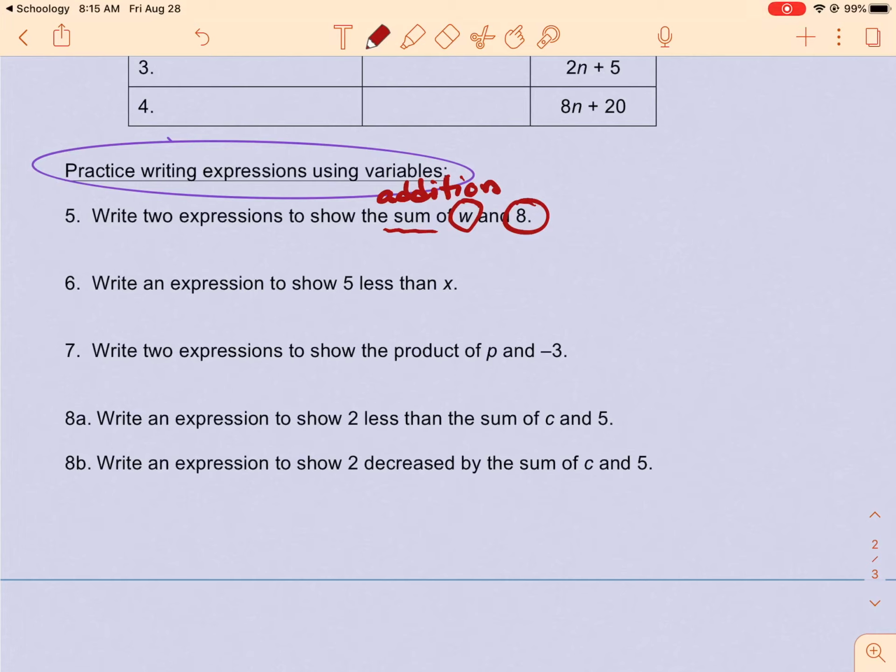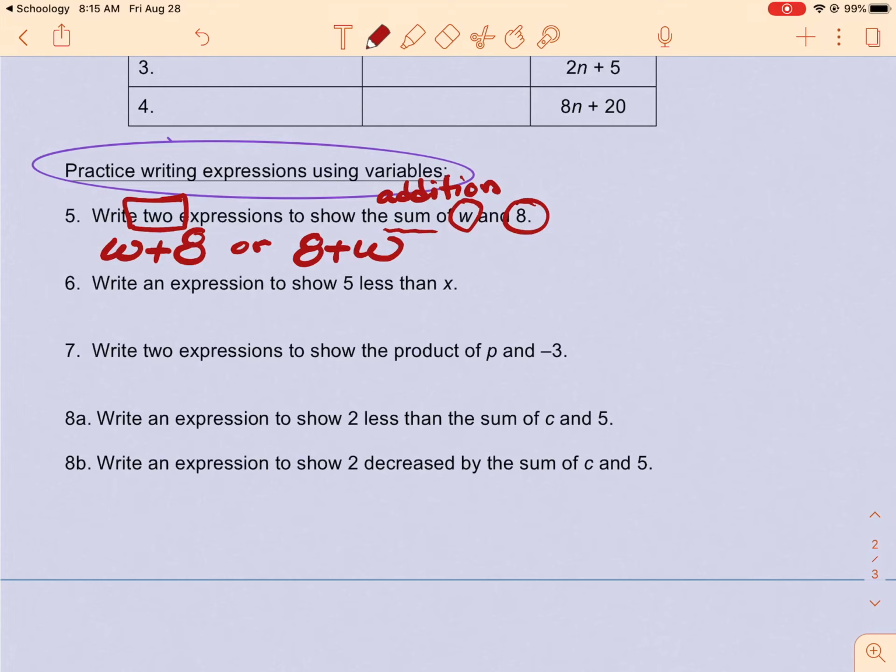So one expression would be W plus 8, because it's saying add W and 8. But to do 2 expressions, we know addition is commutative, so we could have actually done 8 plus W. Not everything is commutative, but addition is.